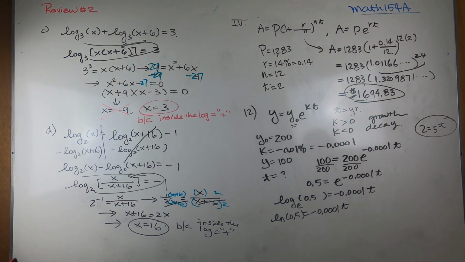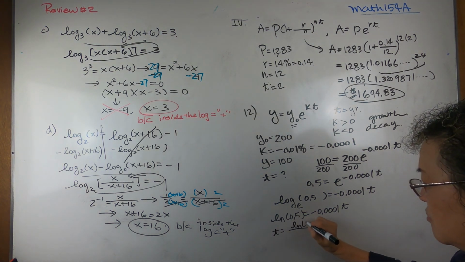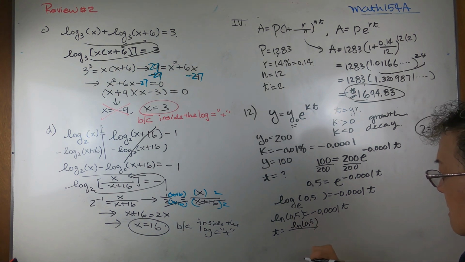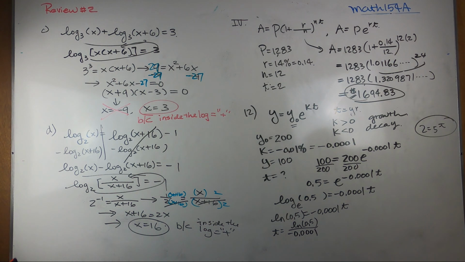Then what is your t? T is the natural log of 0.5 divided by negative 0.0001. Then you punch it into the calculator. Use all the decimals. You divide by this number. That should be what?